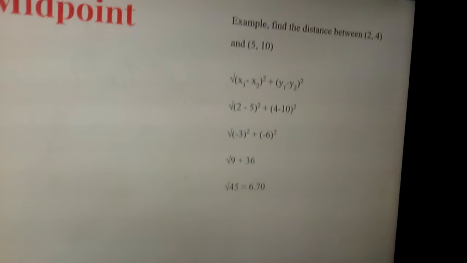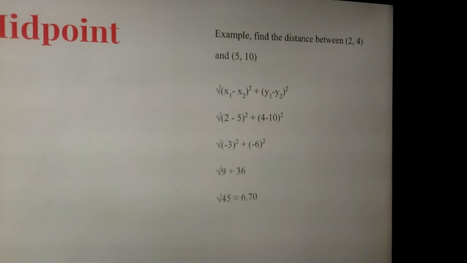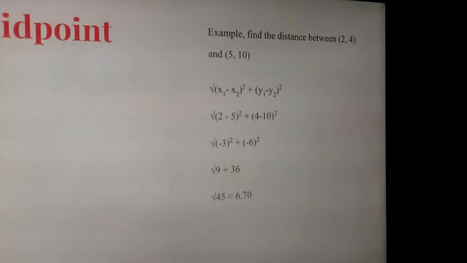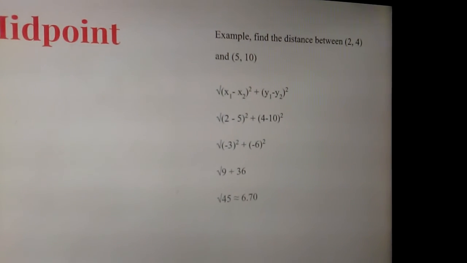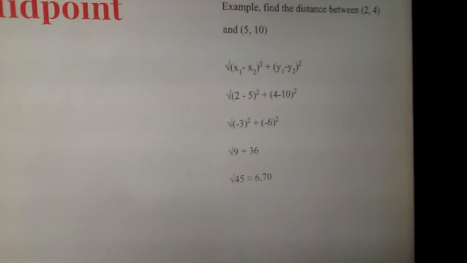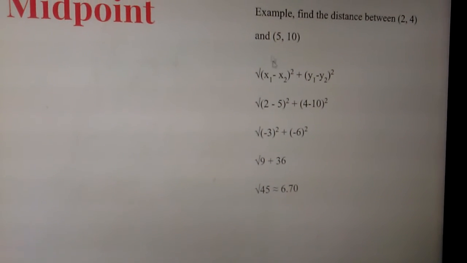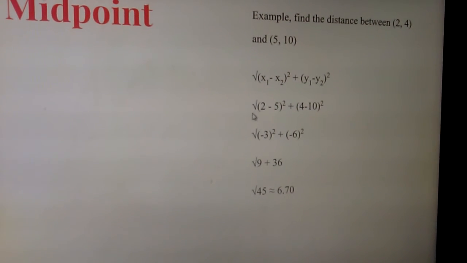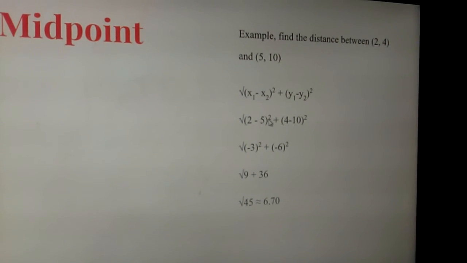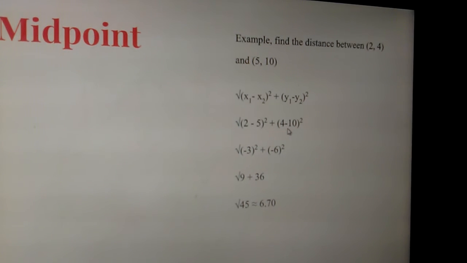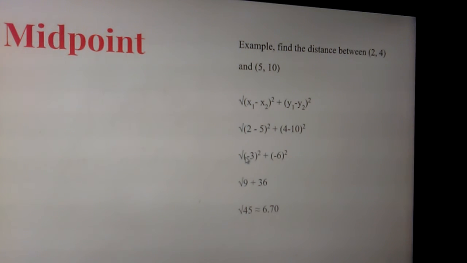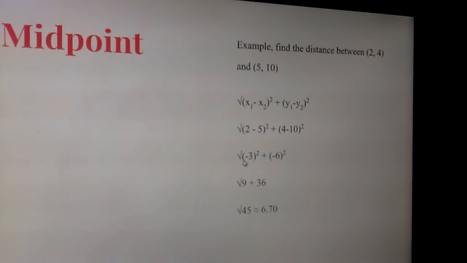And an example to find the distance between a point at (2, 4) and a point at (5, 10) would be: first you would write out the equation, then you would have 2 minus 5 squared plus 4 minus 10 squared, and that would be -3 squared plus -6 squared.